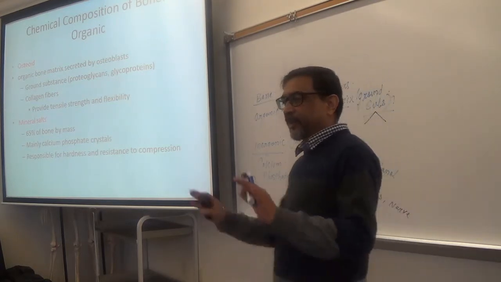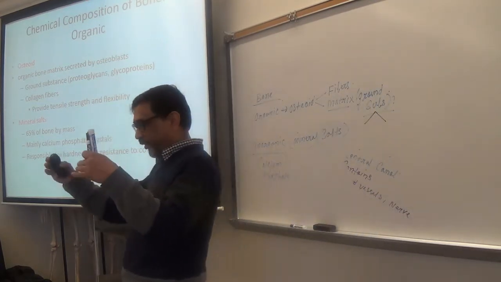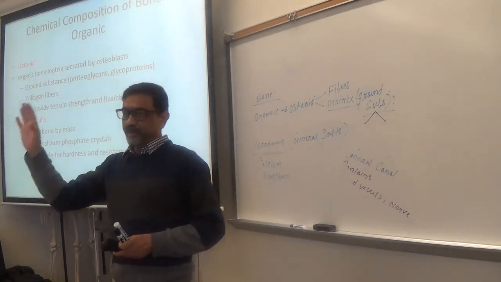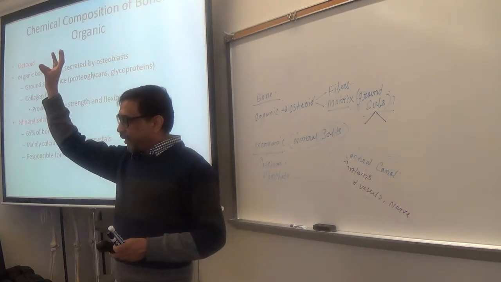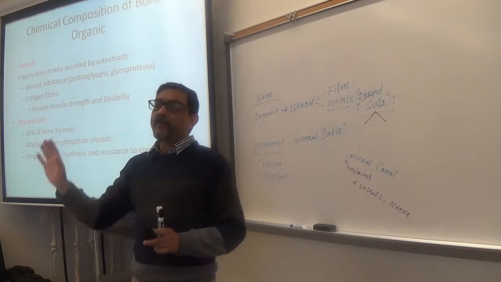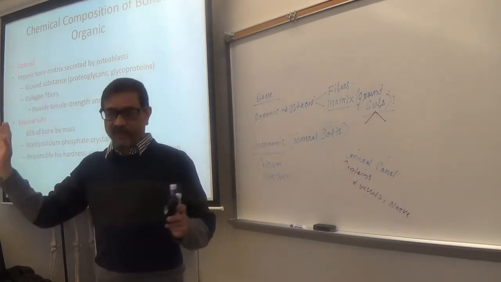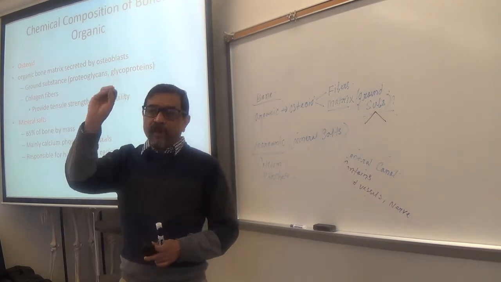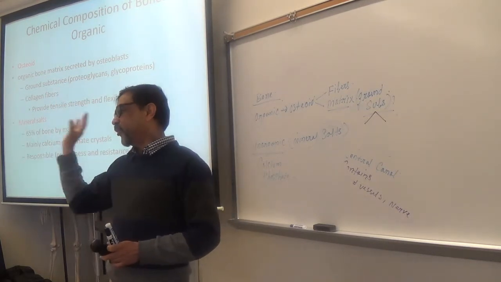So now let me quickly review. If you see the chemical composition of the bone, it has both what? Organic and inorganic. Is it clear? The organic part is also called osteoid. And it has fibers and ground substances.